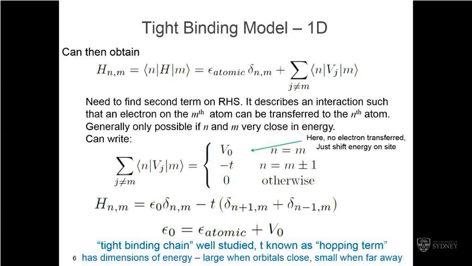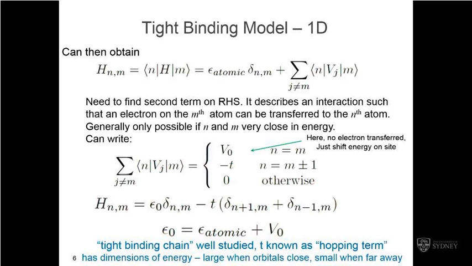This T here is an energy term, and it's commonly known as the hopping term. So it tells you how likely and how easily an electron that's located on one atom can hop or move to a neighboring atom. If T is big, it means it's easy to hop to a neighboring atom. And if T is small, it means it's not easy to hop to a neighboring atom.